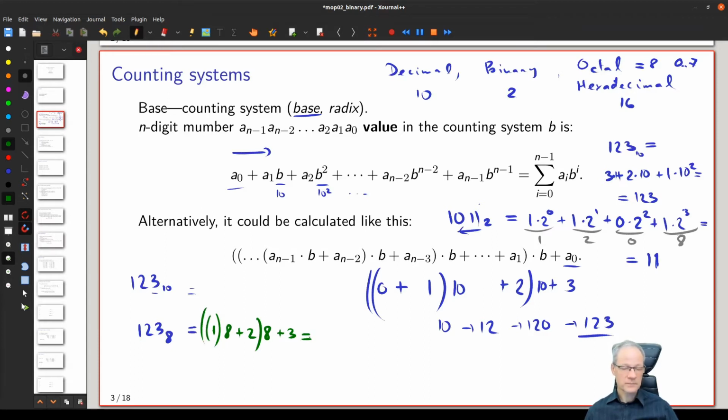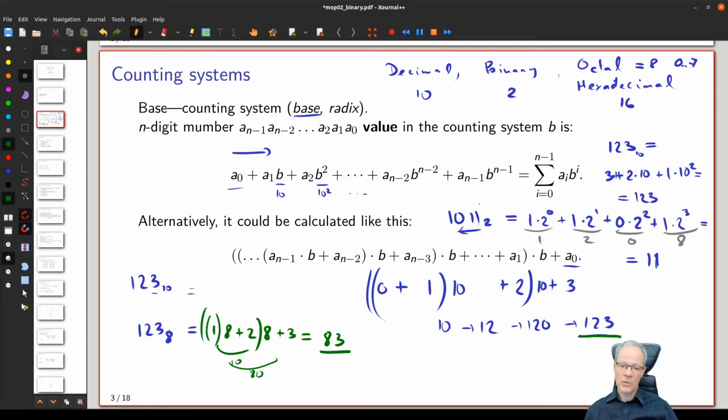So 1 times 8 is 8, plus 2 is 10, 10 times 8 is 80, and plus 3 is 83, see? So in the octal system, the value will be 83. In the decimal system, the value will be 123, much bigger.